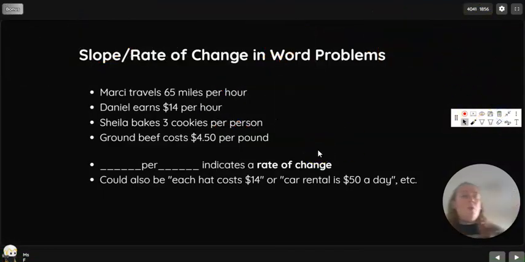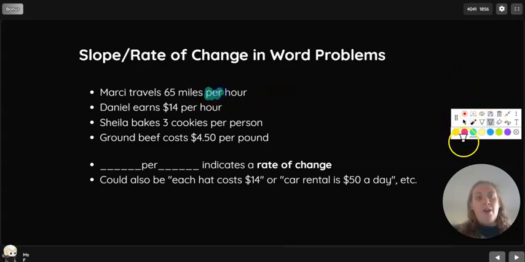Slope, or rate of change, in word problems. So here are some examples of where we'll be able to pull slope or rate of change out of information that's given to us. Marcy travels 65 miles per hour, right? Per. Daniel earns $14 per hour. Sheila bakes 3 cookies per person.